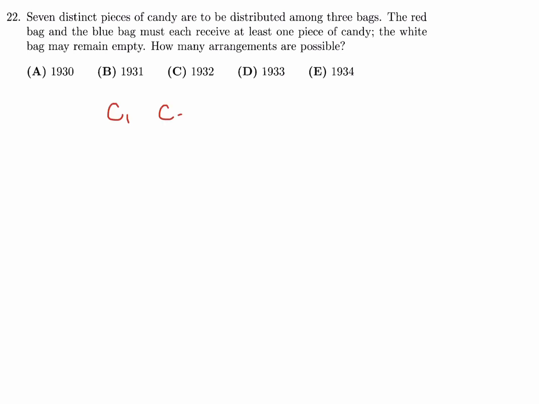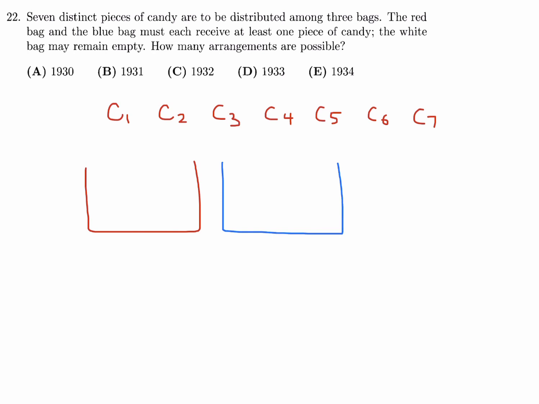We have 7 colorful pieces of candy, and we have 3 bags, right? So what are the colors here? A red bag, a blue bag, and then a white bag. Now, they want us to figure out how many arrangements there are. Not really a probability.